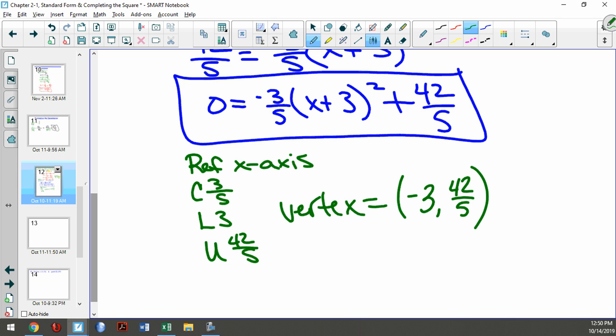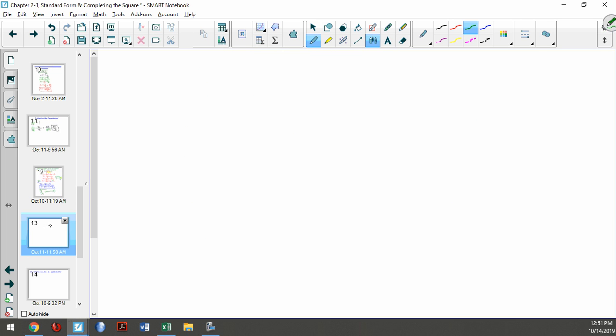Do we understand that? Okay, so now what do I want yet? Oh, we're not done yet. What do we want yet? We want the x-intercept. So how do I find the x-intercept?